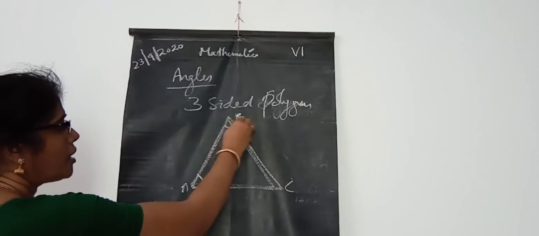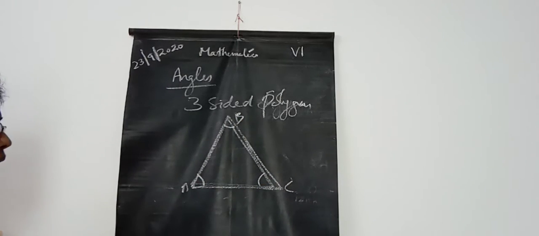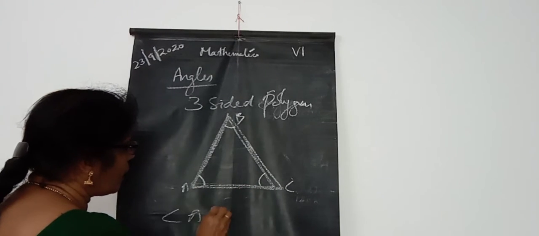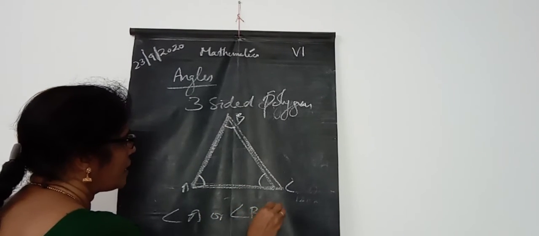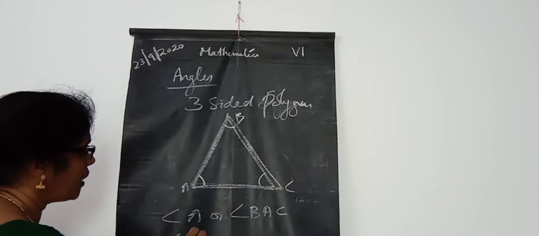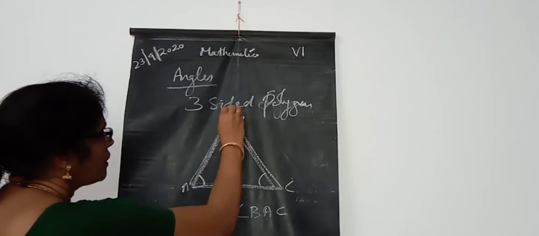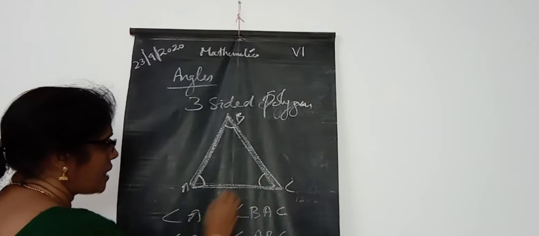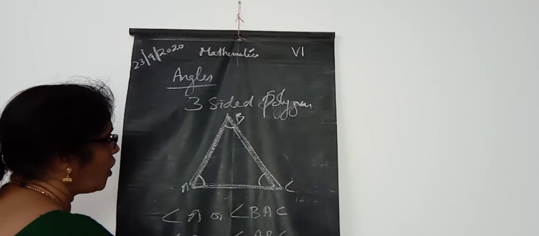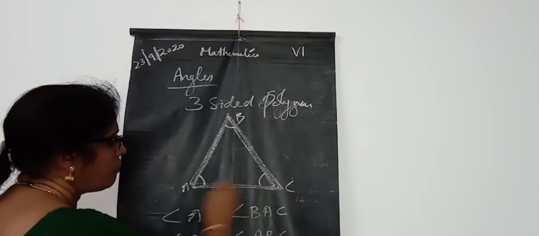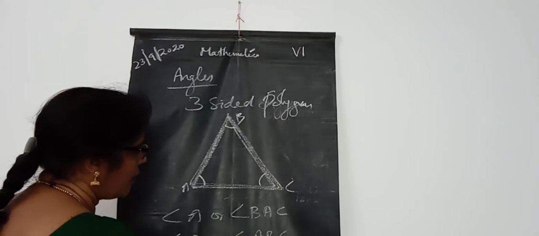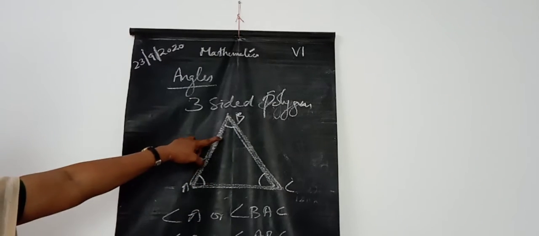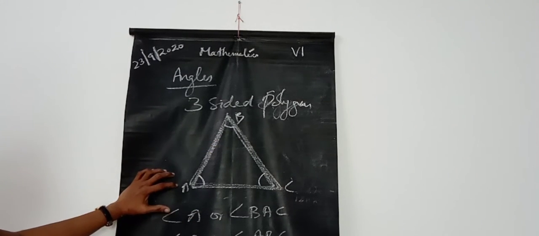Angle A, angle B, angle C. Angle A means angle BAC, angle B is angle ABC, and another angle is angle C, or ACB or BCA. From the triangle we get three angles from the three vertices, isn't it?